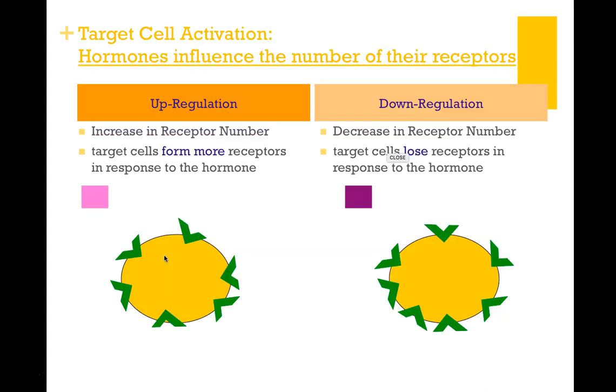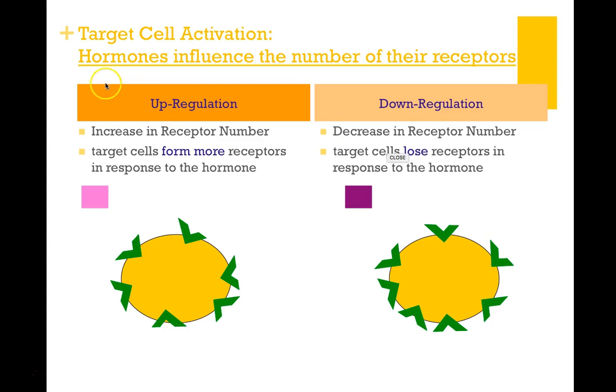All right, we need to continue on to talk about upregulation and downregulation. We can change the number of receptors on our cell. So let's first talk about upregulation. This is when we are able to increase the number of receptors on our cell. Both of these cells on the right and left of your screen have about the same number of receptors.